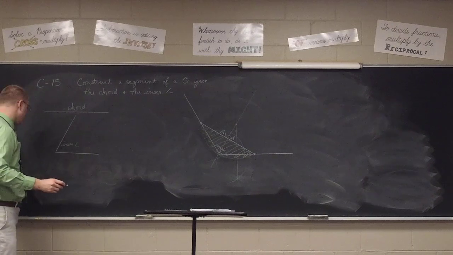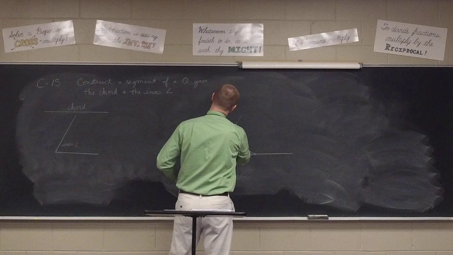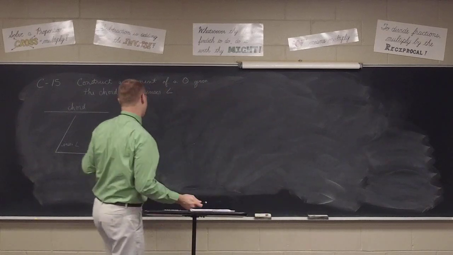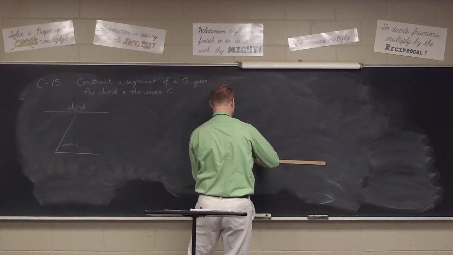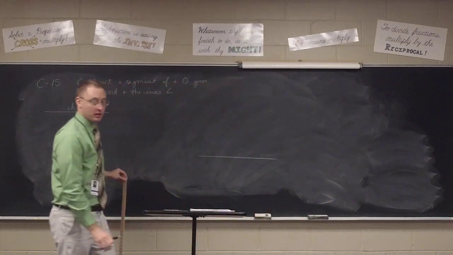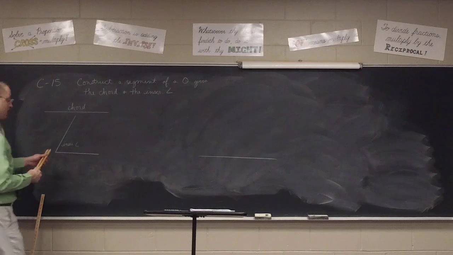And the first thing we're going to need to do, class, okay, good. We're going to have to start with a line, aren't we? Oh, a fairly long line. All right. Copy the angle. Copy the angle with long sides, which is why Genesis said to start with a long line.